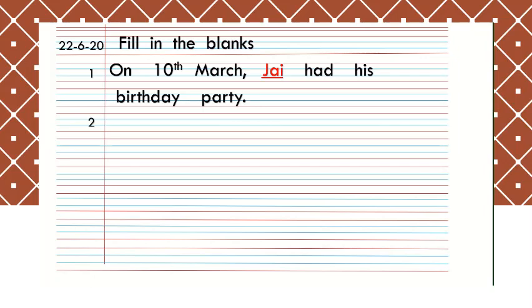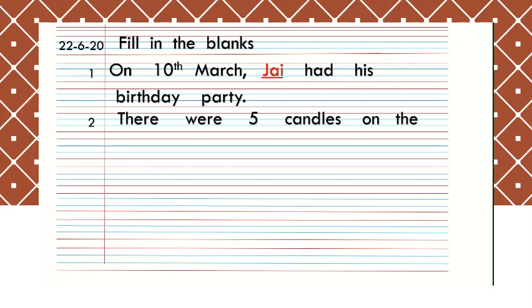Next one, number 2. In case if you are slow, you can again watch this and do it. Second blank. Where I have written birthday party, I have not written number 2 because that is continuation of the first blank. So number 2 goes after one line.